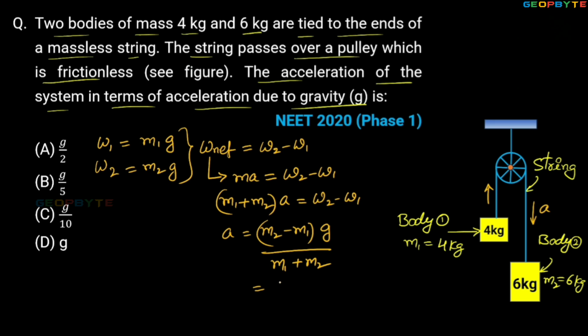Substitute the values: m2 equals 6, so (6 minus 4) divided by (6 plus 4) multiplied by g. It is equal to 2 divided by 10 into g, which is g by 5. That is the acceleration in terms of acceleration due to gravity.